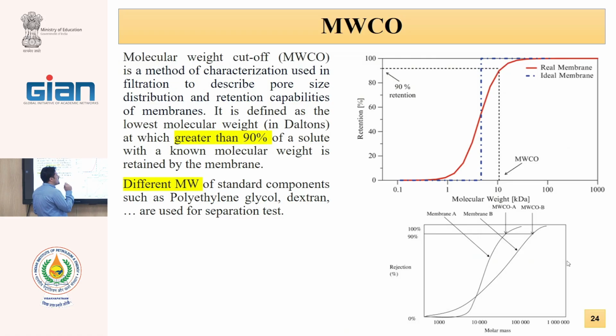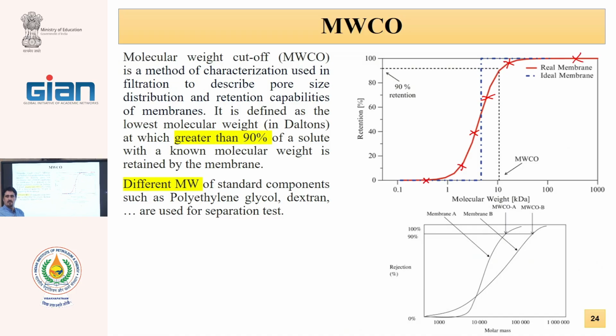Therefore, we first select one solution and see that the rejection of this molecular weight is low. The second molecular weight, the third, 4, 5, 6. We test our membranes 6 times with different molecular weight solutions.